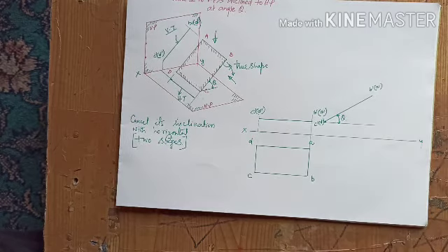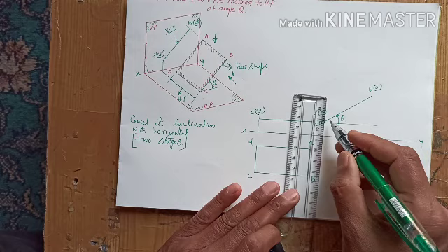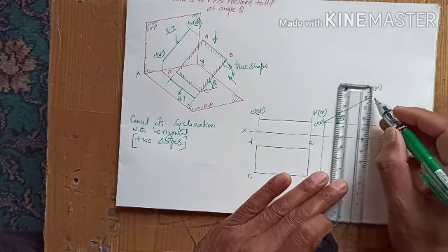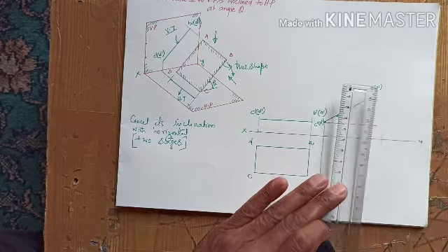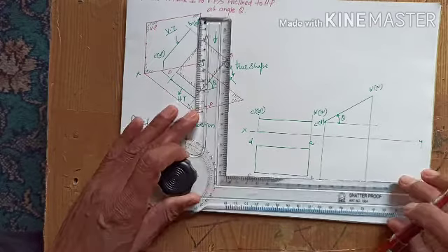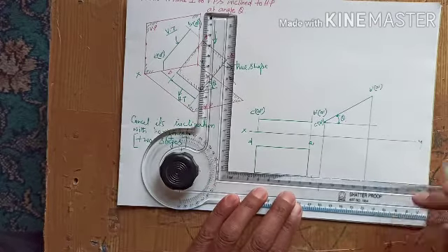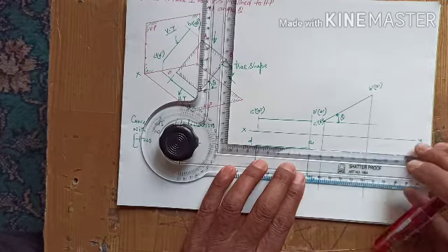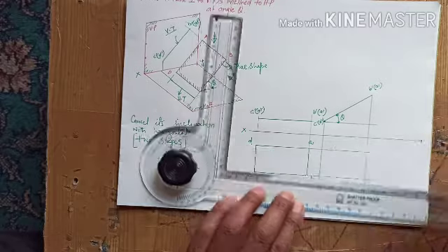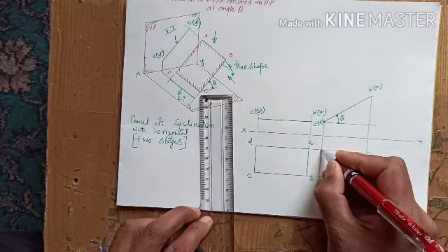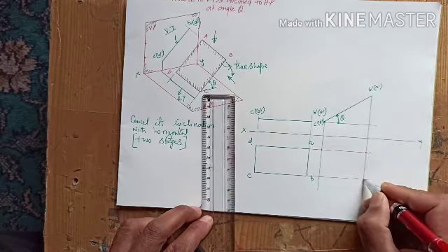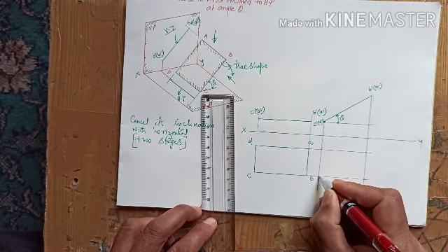Now what do we need to do next? We need to project the ends of the line. I am projecting these two ends of the line, and similarly I have to project the ends of the top view. These lines intersect with each other here, here, here, and here.